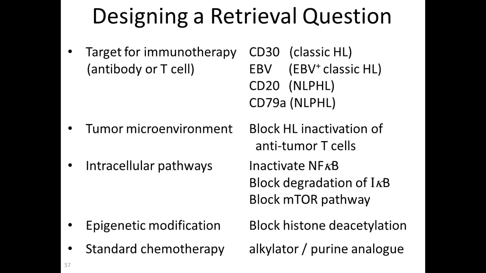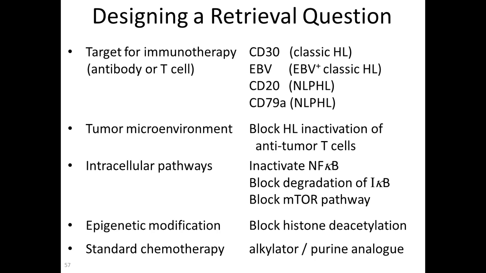So if I were going to design a retrieval question for the boards, I would focus on these topics, probably in the order that they appear here. I would look at what are some potential targets for immunotherapy, you know, CD30 with rituximab, or EBV CTLs for EBV-positive Hodgkin lymphoma, maybe CD20 or CD79A for nodular lymphocyte predominant.